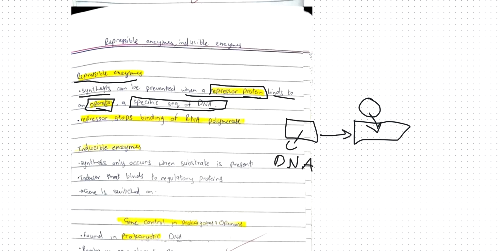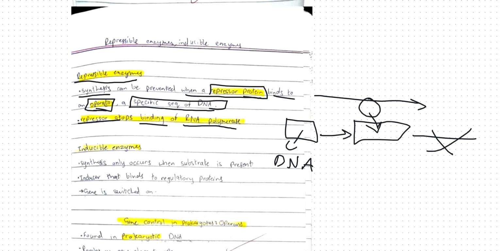If this is the operator, then the repressor can bind to it, and it would block the polymerase from moving forward. So the polymerase cannot move forward, and therefore transcription cannot happen. The repressor stops binding of RNA polymerase. Because the polymerase cannot move forward because of this repressor protein, this stops transcription.